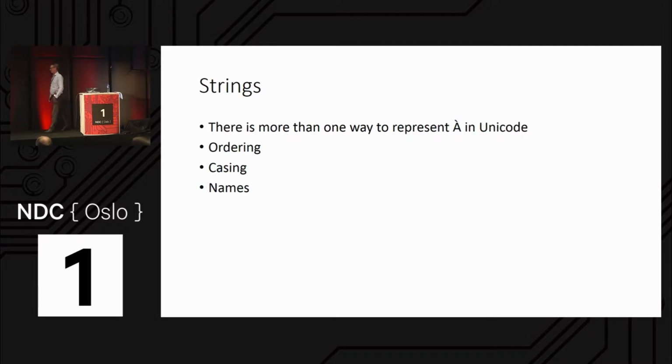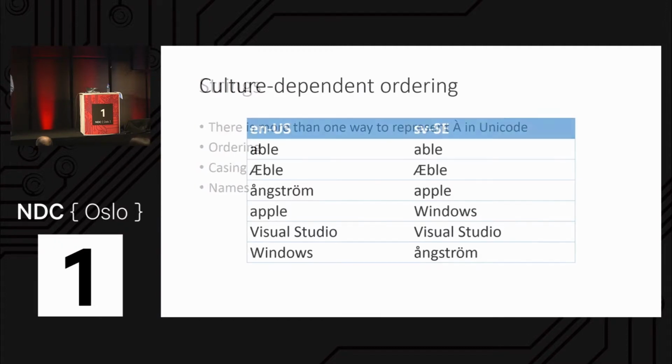Then they had ordering, which is clearly culture specific. This is an example of culture dependent ordering. The left column is English and the right one is Swedish. And neither of these languages have any concept of the letter Æ, which we have in Denmark and Norway.